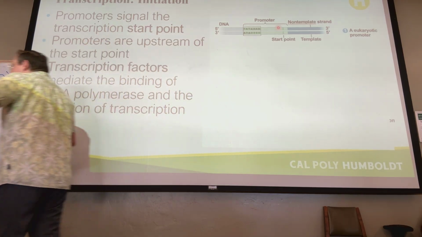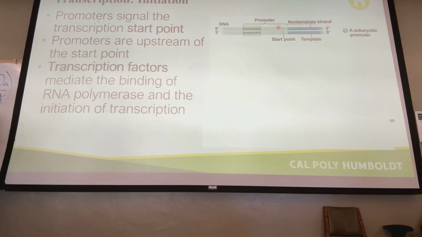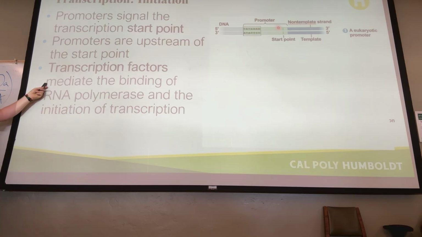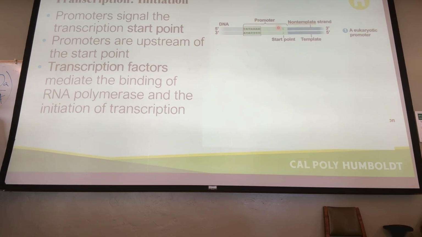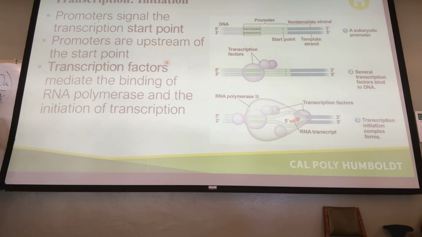It'd be silly. So instead, transcription factors are factors that are required for transcription. And a transcription factor will sort of facilitate the binding of RNA polymerase to the promoter region. All right, so if the transcription factors are present, then RNA polymerase can bind.